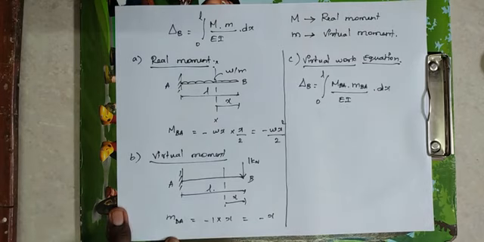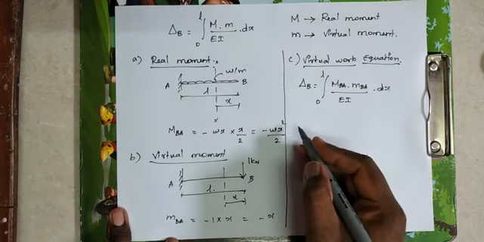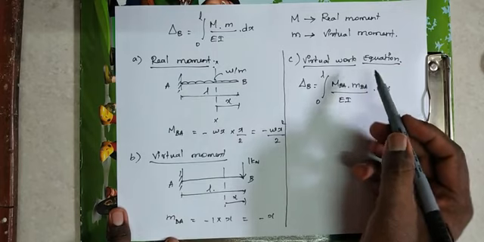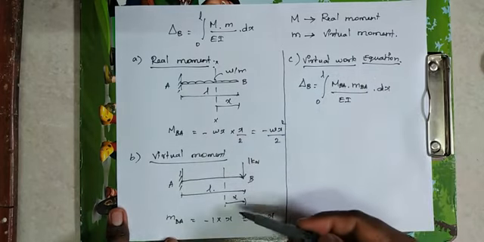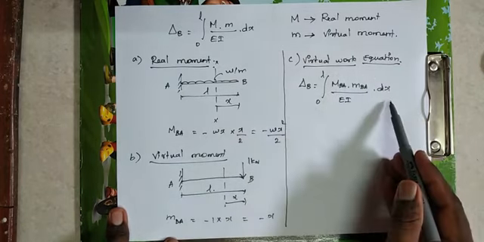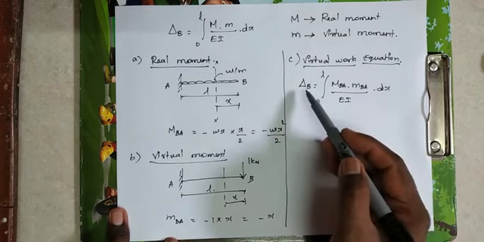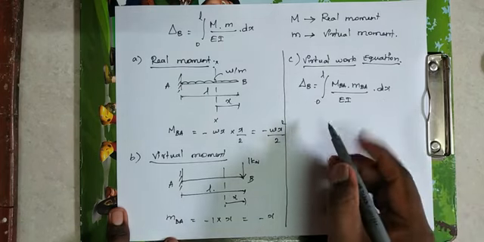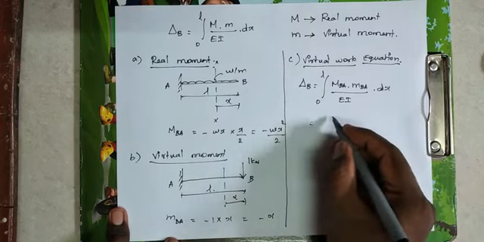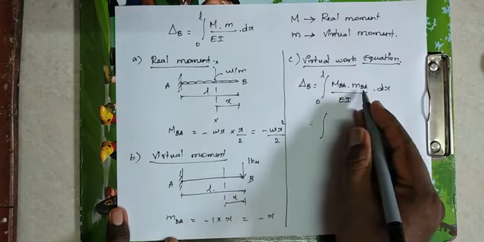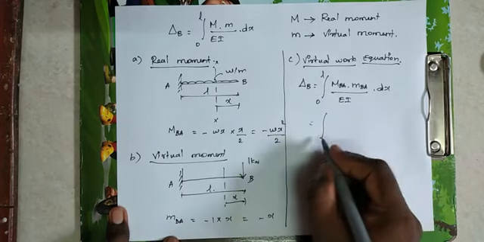Now the third step is virtual work equation. By substituting the real moment and virtual moment in the virtual work equation, we will get the downward deflection, that is delta B. Substitute capital M and small m in the virtual work equation.